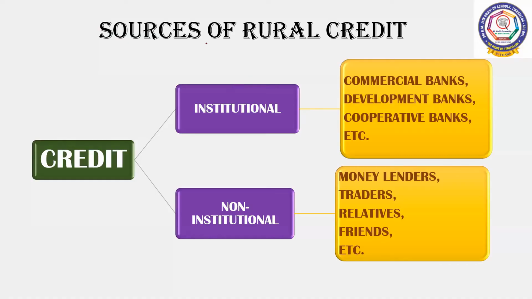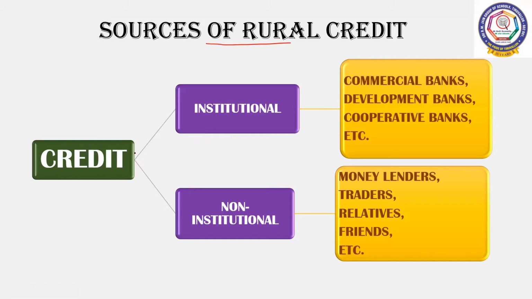Sources of rural credit. Most of the people in rural areas depend on agriculture. Agriculture requires credit facility for buying improved quality of seeds, cattle, pump sets, purchase of tractors, fertilizers, threshers, etc. Hence, credit is the lifeline of farming activity in rural areas.